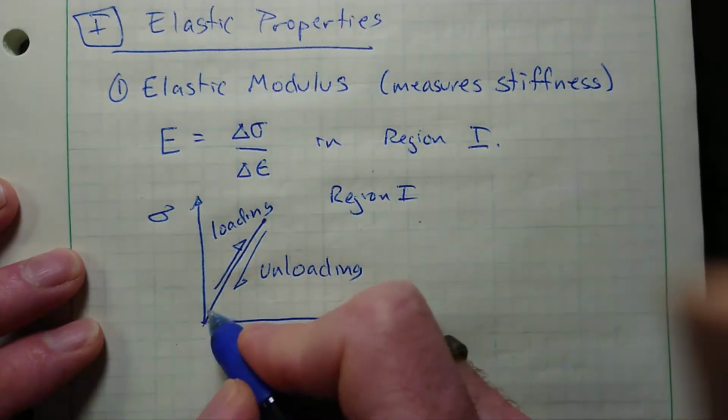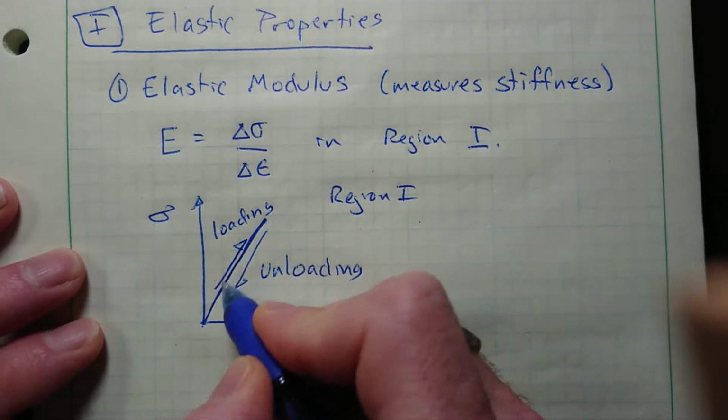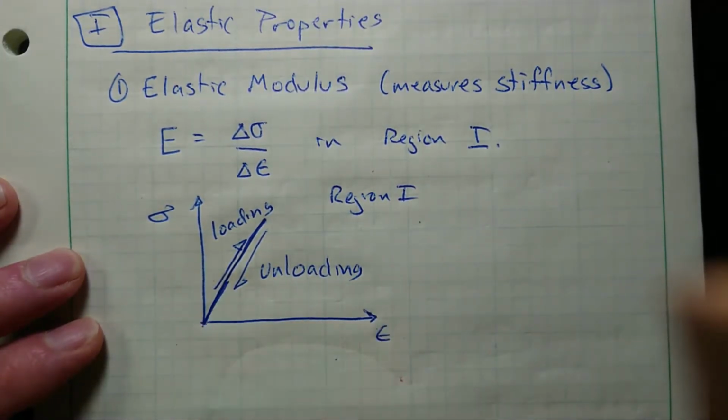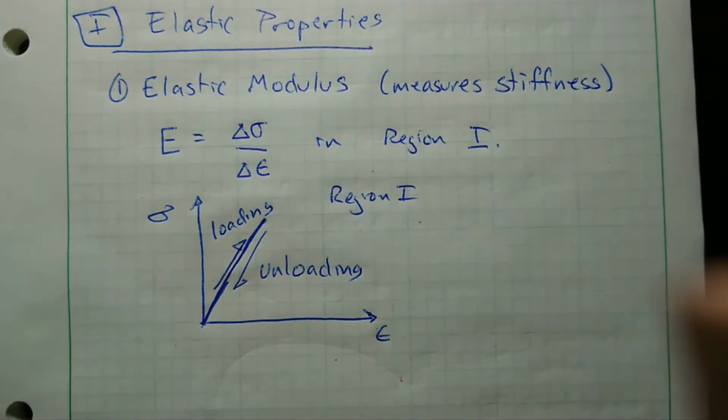So I could just take the sample, stretch it, and then unstretch it. And I could do it just a little bit and then take the load off, and the strain is going to return to zero as long as the material is behaving elastically.